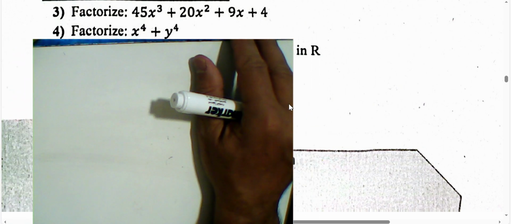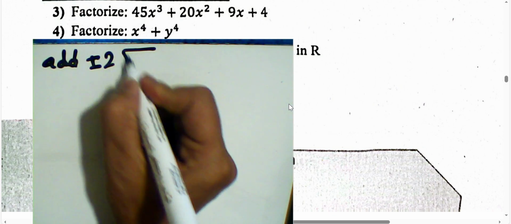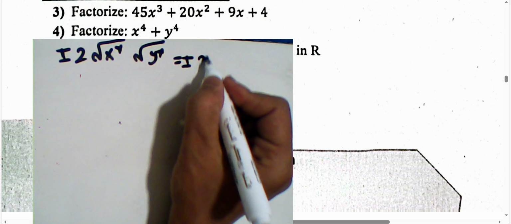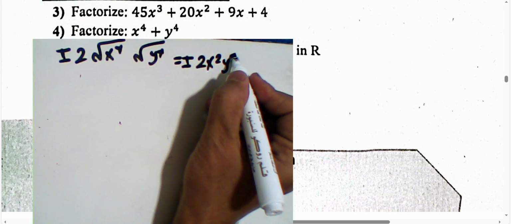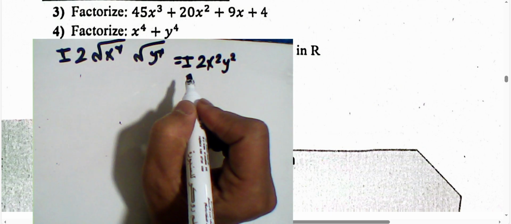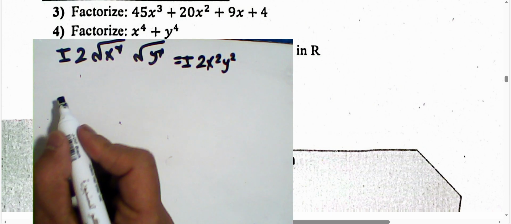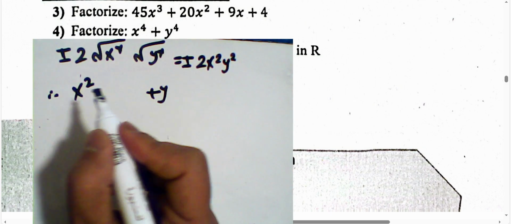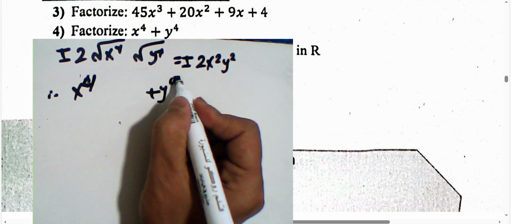Next question, number 4. Factorize x^4 + y^4. Okay, we must add positive or negative 2 times the square root of the first, x^4, times the square root of the third, so 2x^2y^2. Then we have x^4 + y^4.